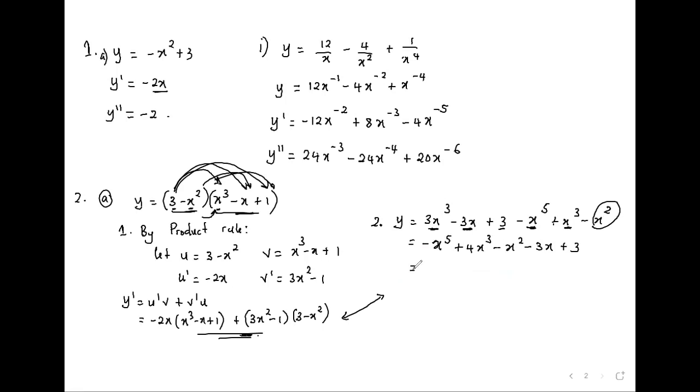Now we can differentiate. So there we're just putting them together, then now we differentiate. So we have minus 5x^4 plus 4x squared minus 2x minus 3. Yeah. Like that. So this is now the derivative: power rule for x^5, power rule for the others, and the constant is 0. So you see, it's not that complicated.